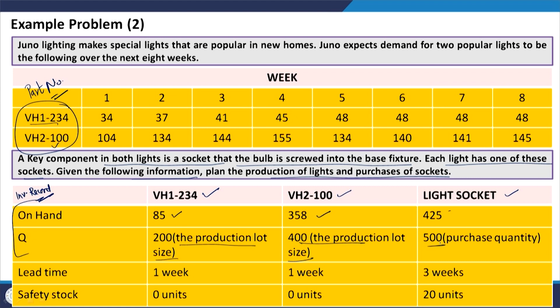The safety stock we have already discussed in our independent inventory system: safety stock is required for meeting fluctuations. So, safety stock conditions are also mentioned: for the first type of model no safety stock is required, for the second type of model again no safety stock is required, but for the light socket you want to maintain a safety stock of 20 units.